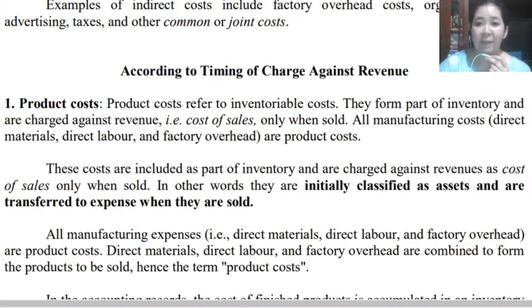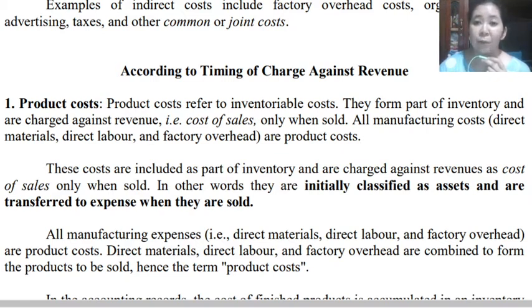Okay, so for this classification, according to the timing of charge against the revenue, the first classification that we have is what we call the product cost. So basically, when we say product cost, this is also known as inventoriable cost or capitalizable cost. This is what we are talking about, the costs which we will accumulate and account in our inventory.